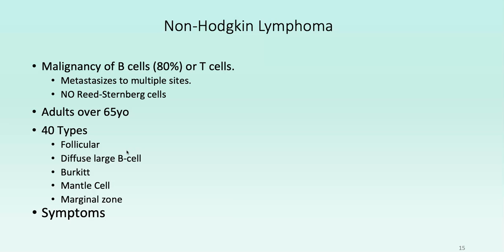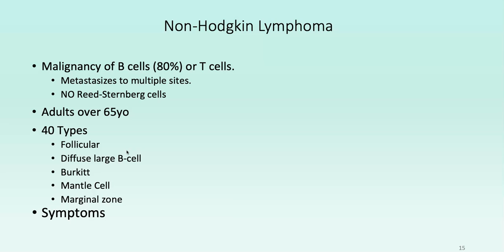Burkitt lymphoma is a form of non-Hodgkin lymphoma that is seen greatest in Central Africa, where there is a significant rate of Epstein-Barr virus infections, and malaria is common.